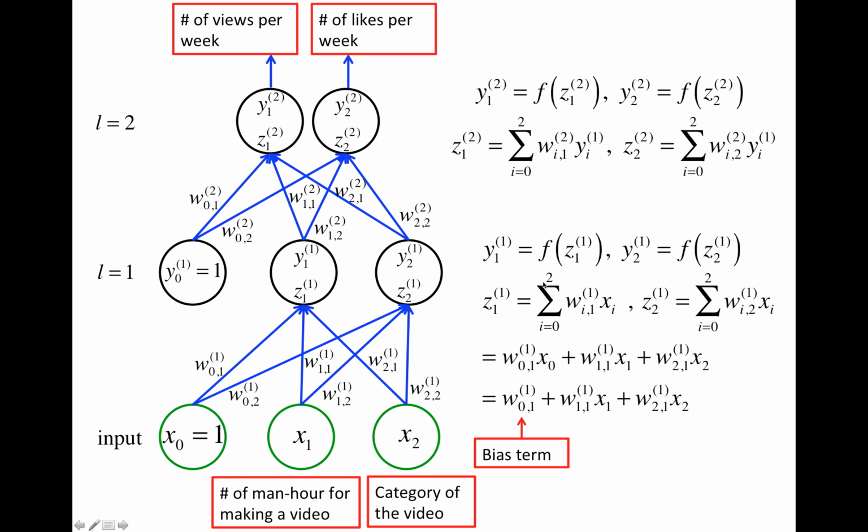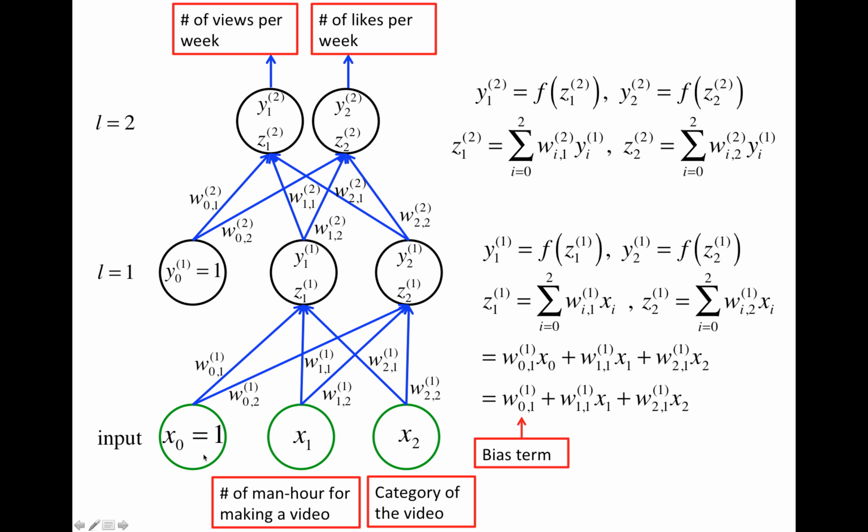If we expand this summation, it means w01 multiplying x0, plus w11, the weight along this connection, multiplying x1, this input, and then w21, this weight, multiplying x2. You just add them together. x0 is set at 1.